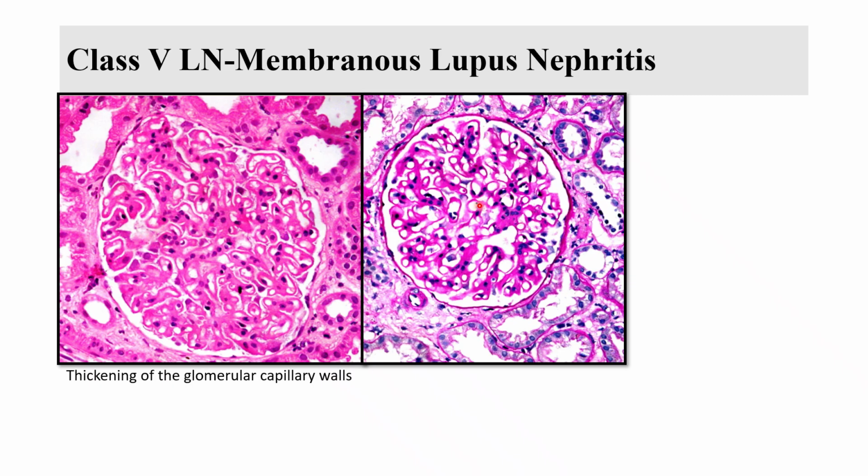We can compare this capillary with the basement membrane of the tubules, the basement membrane of the PCT. The glomerular capillary basement membrane is thickened as compared to this. The normal basement membrane is about 300 to 400 nanometers. Some books have written 250 to 450. It depends upon the age and gender of the patient.